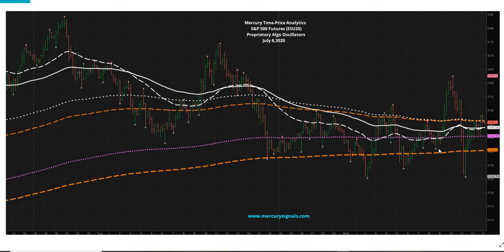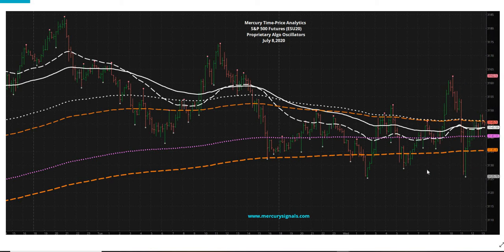So you don't have to have this type of algorithmic compression to have a large move up or down or an important intermediate change of trend. However, when you have these types of compression, it is very likely that you're going to get a strong directional move, either up and through or down and through.